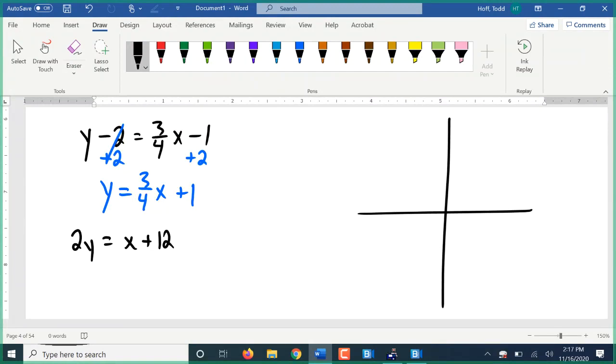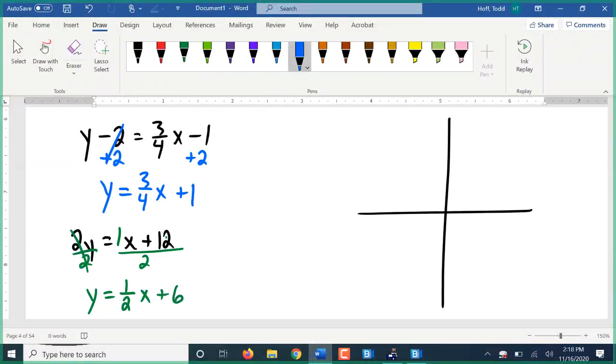So now to solve for the second one, before we graph it, we have to divide out the 2. Remember, when we divide, we got to divide every term on each side. So on the left, the 2 divides out. We got y equals x divided by 2, which we think of as 1x divided by 2. And we just put the 1 over 2 times x. 12 divided by 2 is a positive 6.